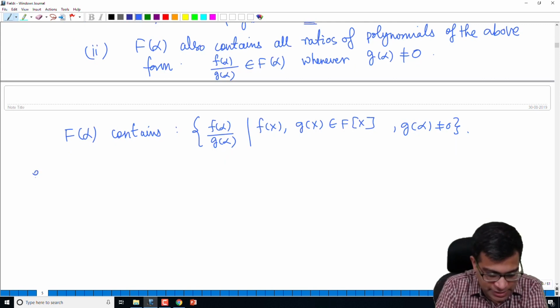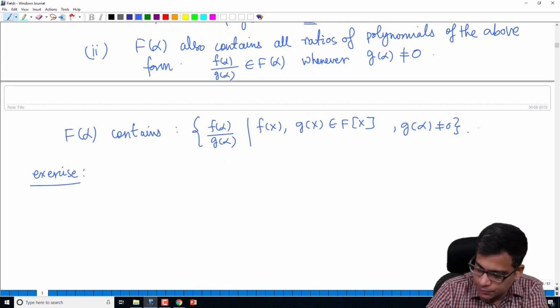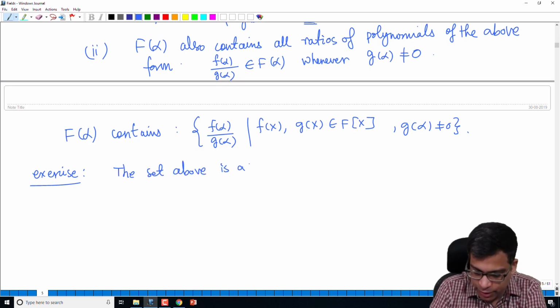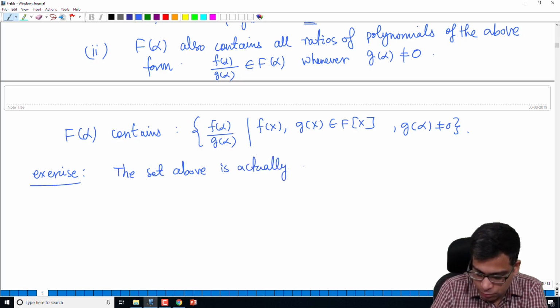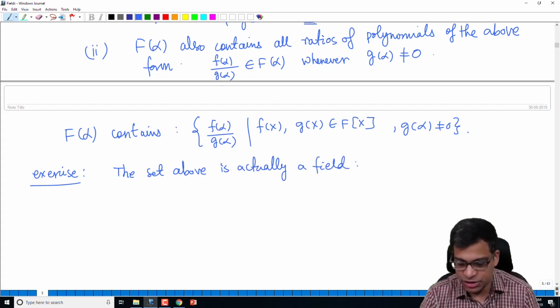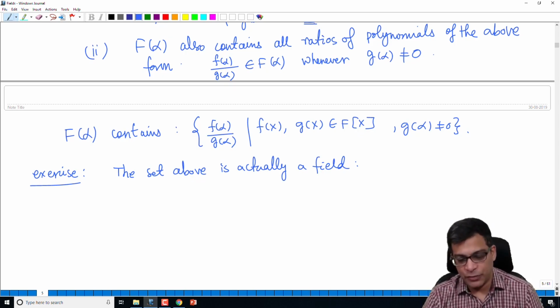Now the point is, as an exercise, the set above is actually a field. So you take such ratios f(alpha) by g(alpha), where f and g are polynomials in one variable over capital F, and of course g(alpha) is non-zero, then it is in fact a field, because 0 is there.